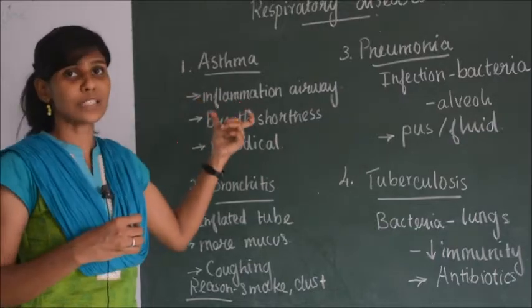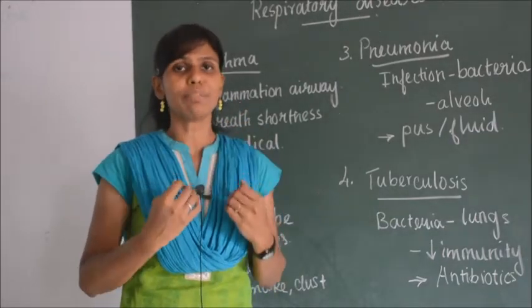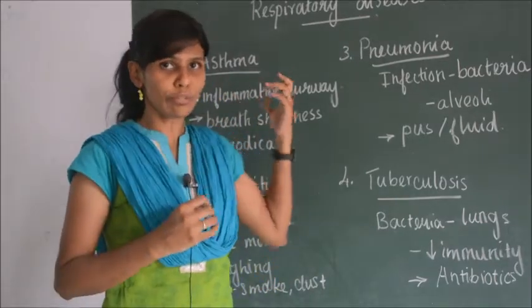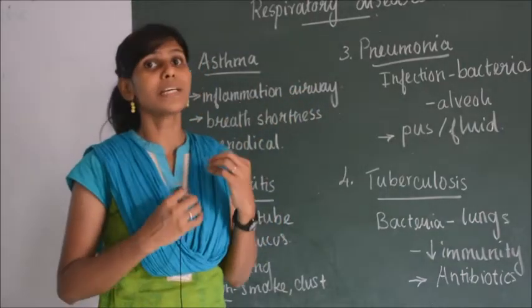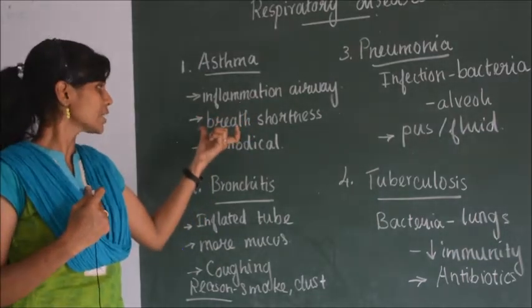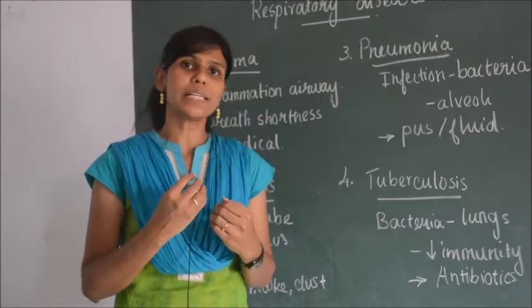What is asthma? It is inflammation in the airway, the pathway through which you breathe. If there is swelling in any of those parts, it will lead to asthma, which is also called wheezing. So what will happen if there is wheezing or asthma? Shortness of breath will be there. You will find difficulty in breathing.